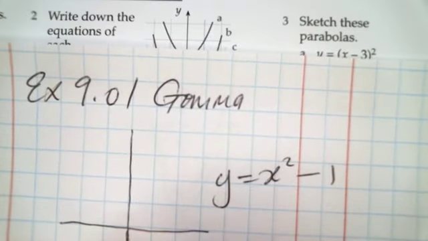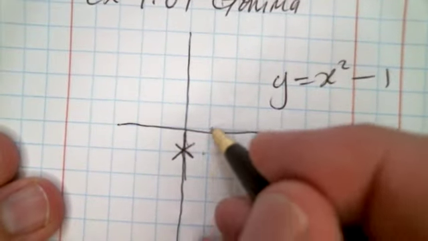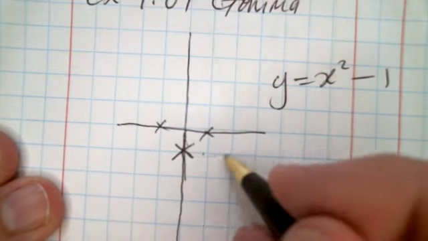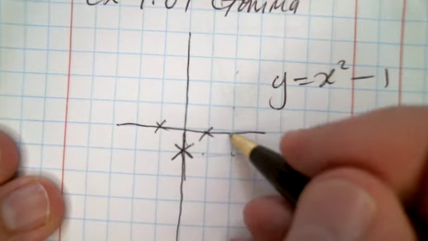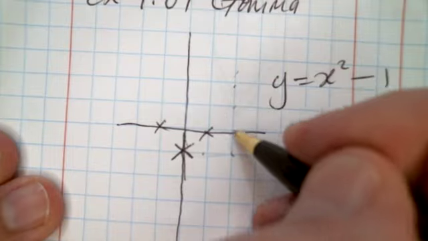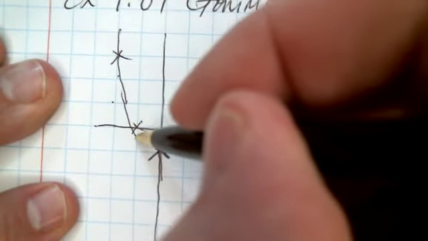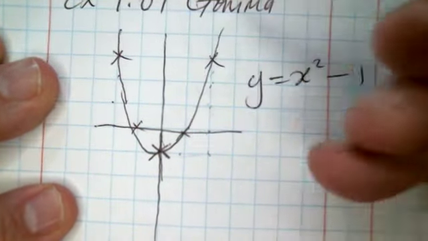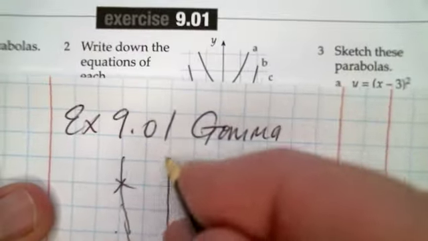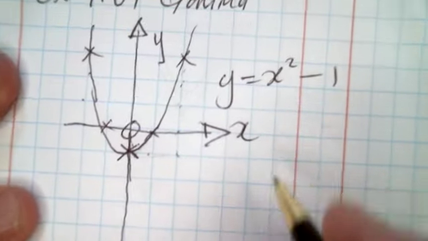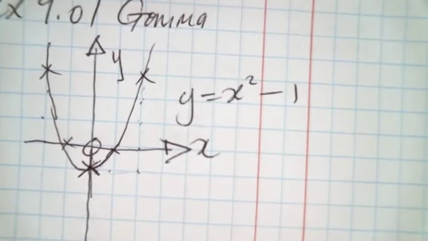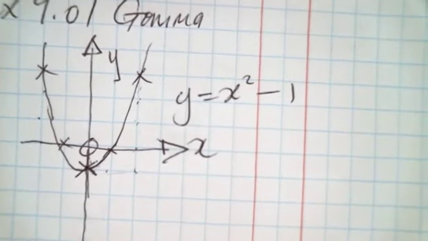And we would be going from here, 1 along, 1 up, 1 along, 1 up, 2 along, 4 up, and so on. And there would be our graph. There's our 0, here is our y, and here is our x. So that's an awful sketch, but nonetheless, that's what it would look like.